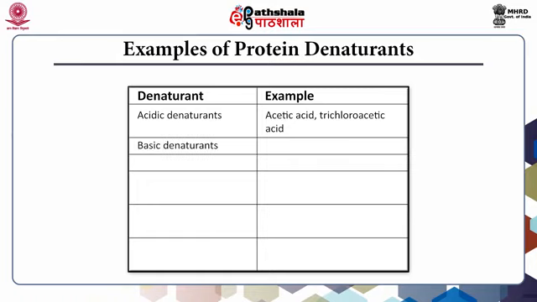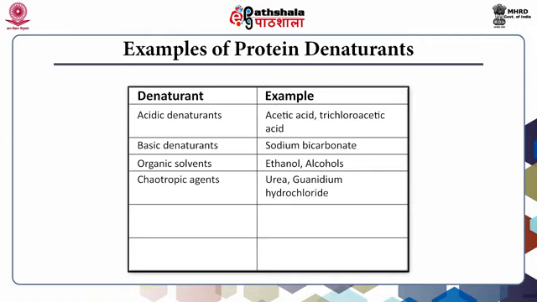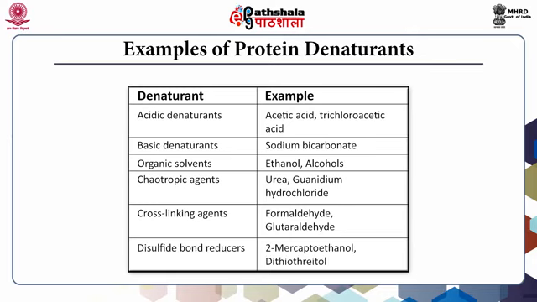Basic denaturants include sodium bicarbonate. Organic solvents may include ethanol or other alcohols. Chaotropic agents like urea and guanidinium hydrochloride. Cross-linking agents like formaldehyde and glutaraldehyde. Disulfide bond reducers such as mercaptoethanol and dithiothreitol.